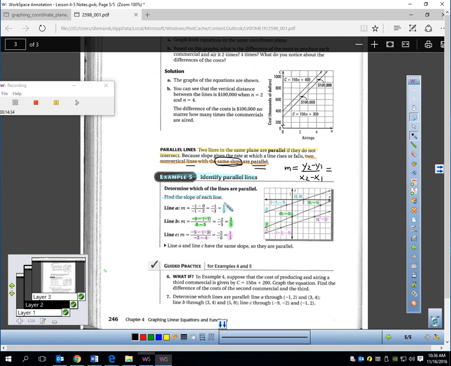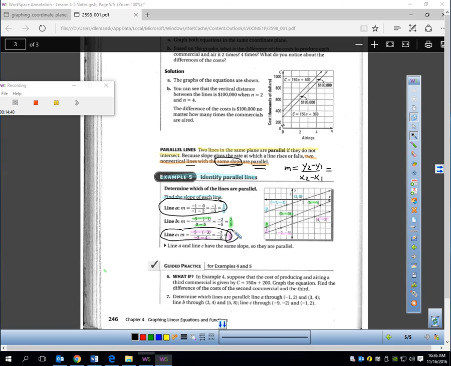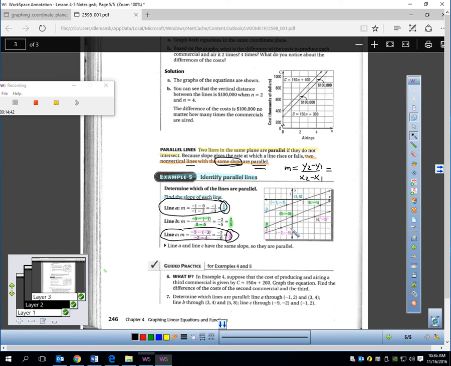Is it clear that line A and line C have to be parallel because you notice the slopes were both the same? When you do the homework questions over this today, when they're asking are the lines parallel, that's what I need you to do. I need you to calculate the slopes. Okay? I'm going to pause the video here. If you have any questions, make sure you ask in class.